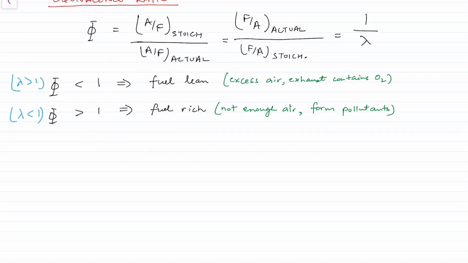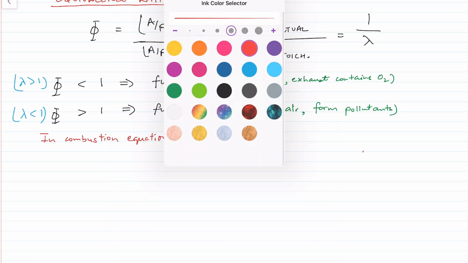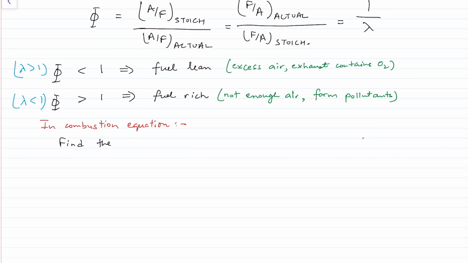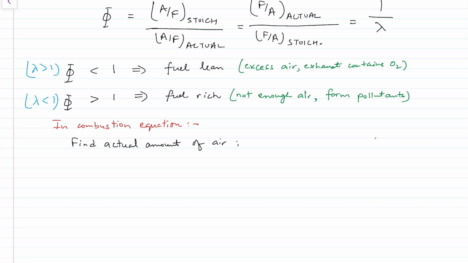So if we are working with the combustion equation, we find the amount of air, and we can use this ratio to find the actual amount of air being used.